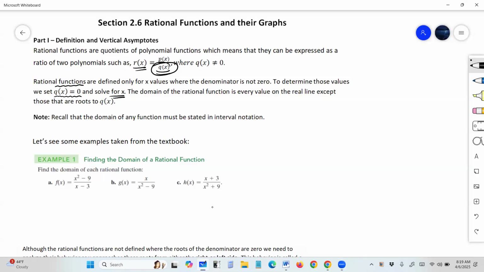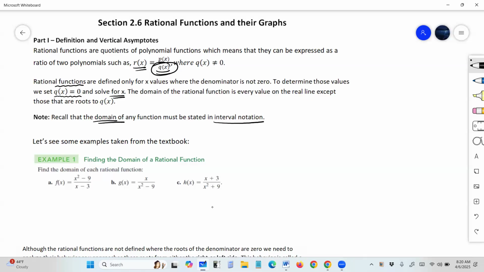So in order to do this whole procedure, the first thing that we need to be able to do is find the domain of any rational function. Now just remember that the domain of any function has to be written in interval notation. Okay? So this is a review from probably Math 119 or your previous course.